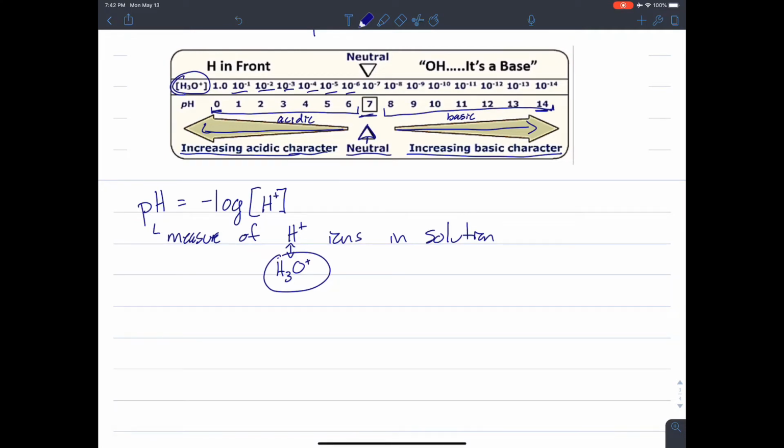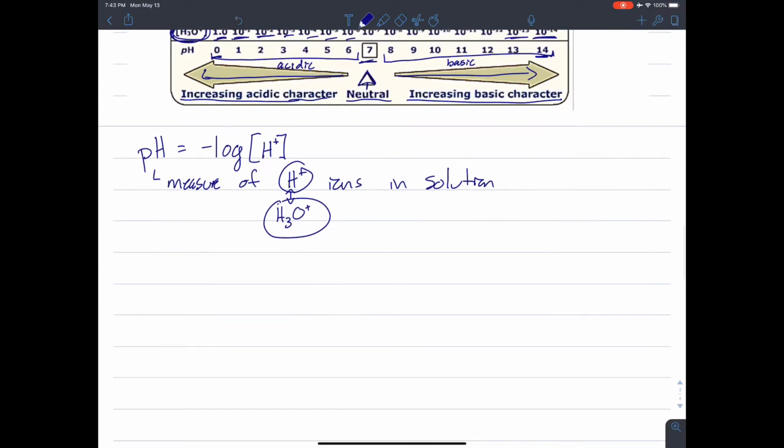So the more hydronium ions or H plus ions you have, the greater the number, the more acidic it is. The less hydronium ions you have, like way down here where it's 10 to negative 12, 13, 14, the less hydronium ions you have, the more basic it is.